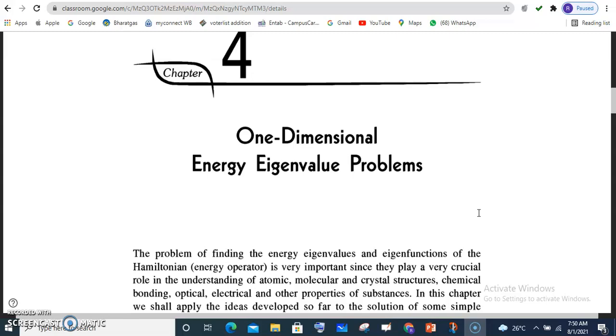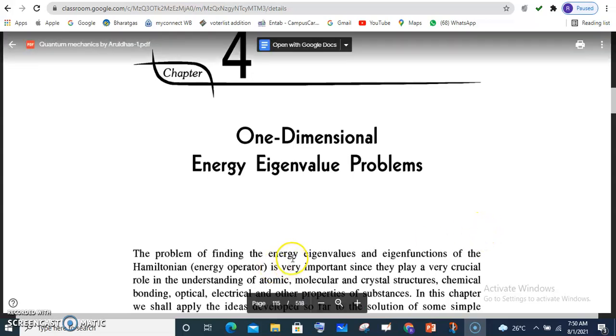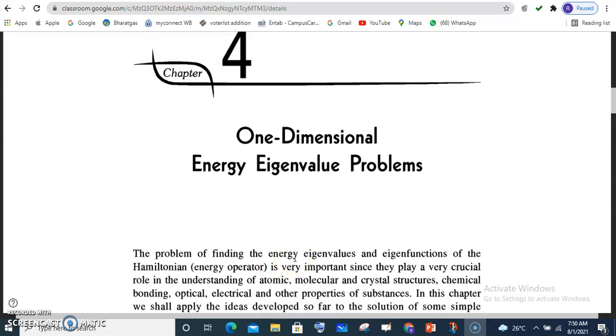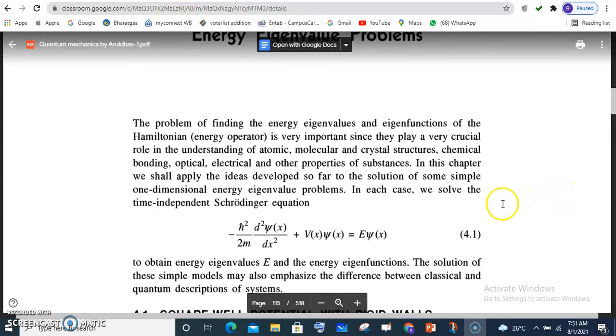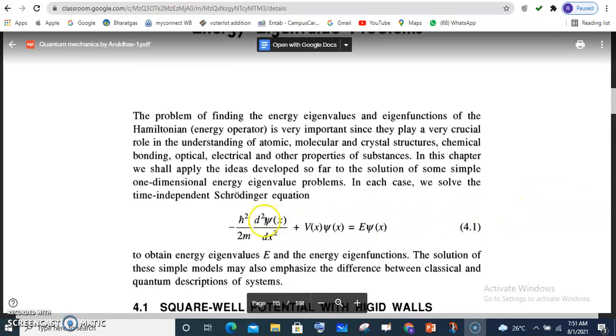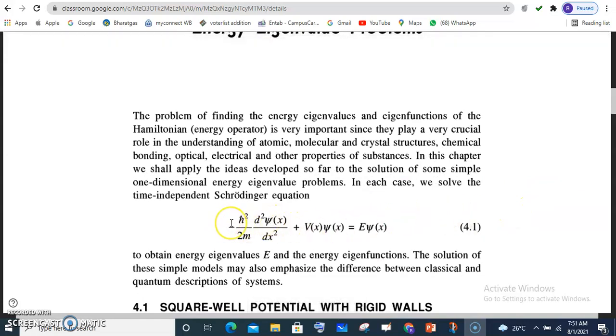Once we have finalized the Hamiltonian of the given system, we apply it in the Schrödinger equation and find the possible energy eigenvalue solutions and the eigenfunctions for that system. That is what we are doing in a basic quantum mechanical problem.